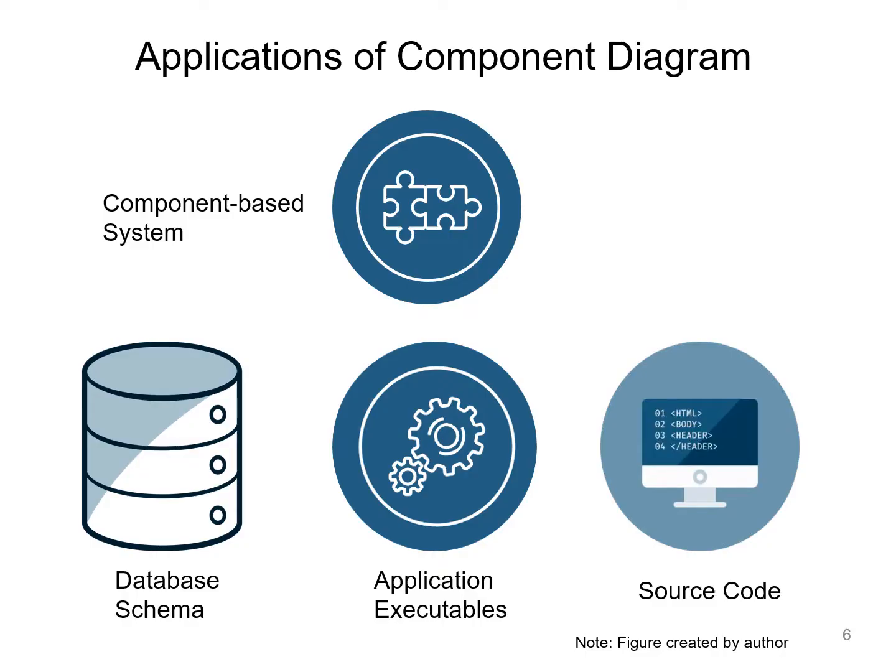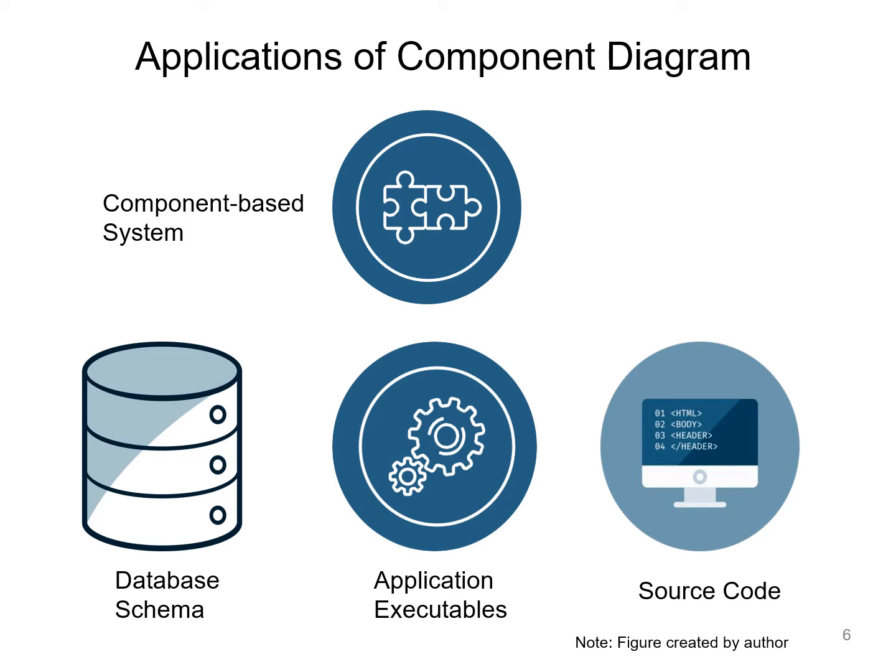Component diagram is popular in the systems that use service-oriented architecture, SOA, such as SaaS, software as a service. However, there could be other applications where we can use component diagram to model database schema, executables of an application, and system source code, other than the main application of modeling components of a system.